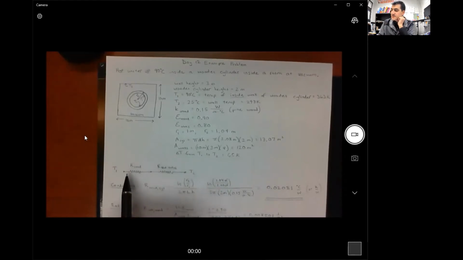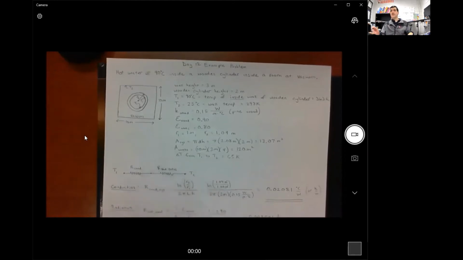So the resistance for conduction, what's that? It's L divided by kA. Actually, no. That would be true if it was a planar wall, but it's not a planar wall, is it? All right. So we've got the natural log of R2 divided by R1, over 2 pi Lk. That's what the thermal resistance here is going to be.